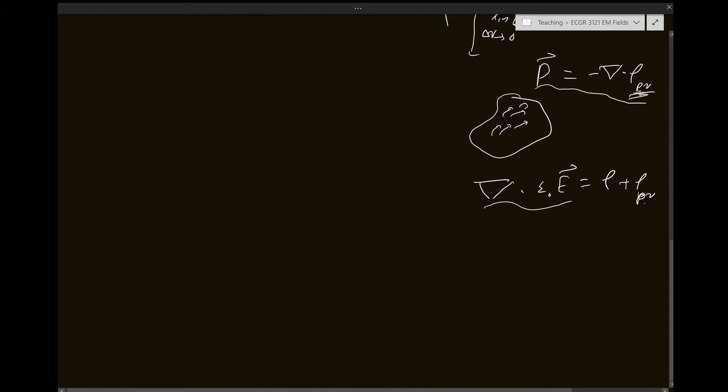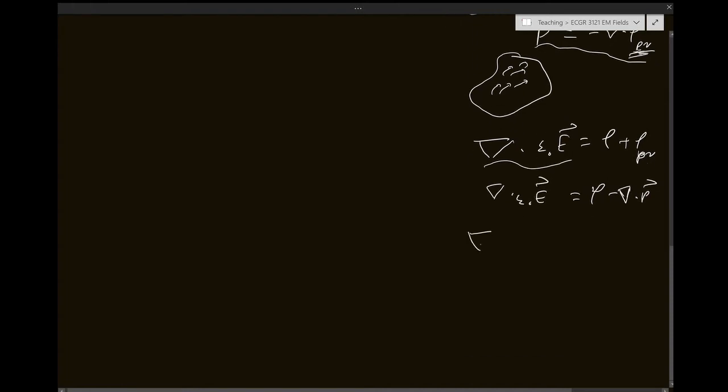So this becomes rho of free charges minus, typically I don't need to write free, it's implied, divergence of P, and then I move that to the other side. I get the divergence of epsilon naught E plus P equals rho.